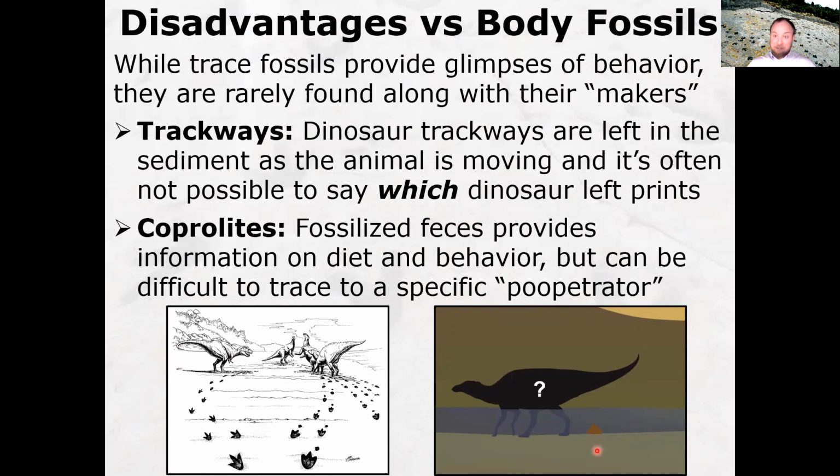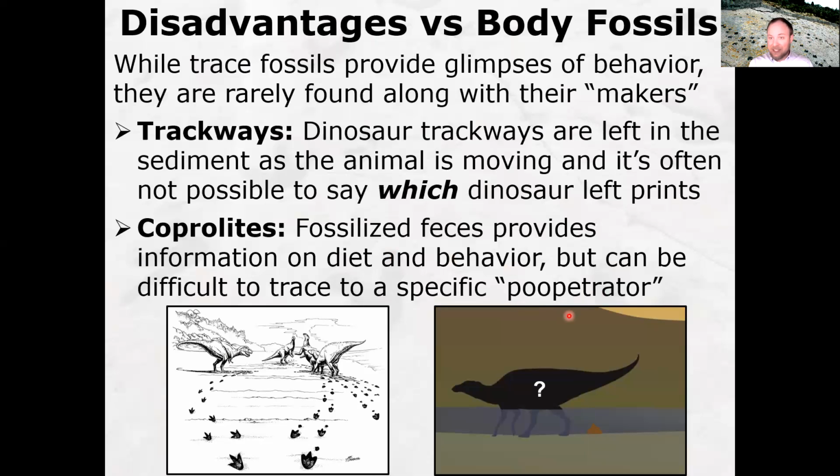Again, if you have very large carnivorous droppings, it might narrow it down to a few or even one species, but in most cases it's ambiguous as to where it actually came from and who was the coprolite, scientists like to say, the poopetrator, who left it, who dealt it.